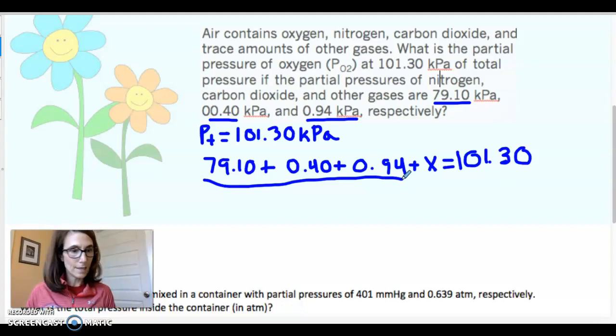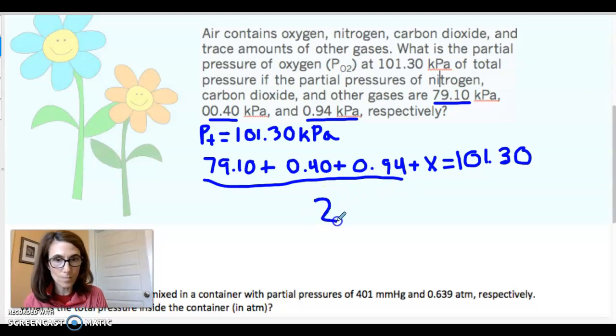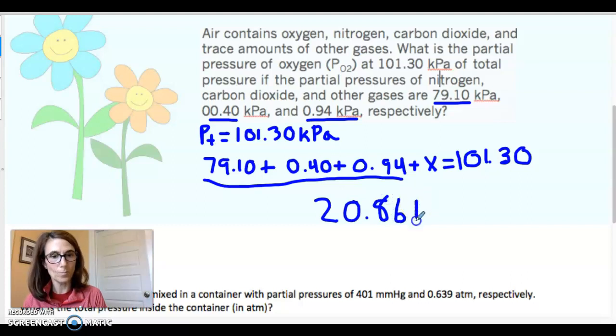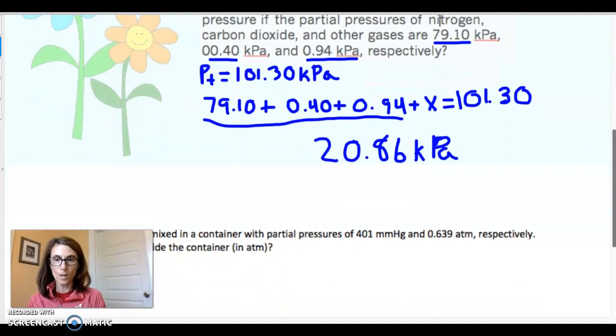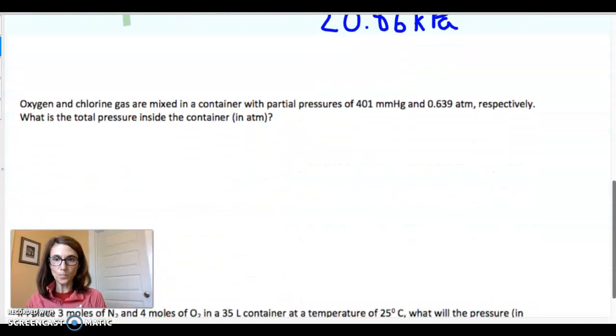And I get, rounded to two decimal places, an answer of 20.86 kPa. That's a B. So that's a pretty easy example of Dalton's law. Let's take a look at another one.